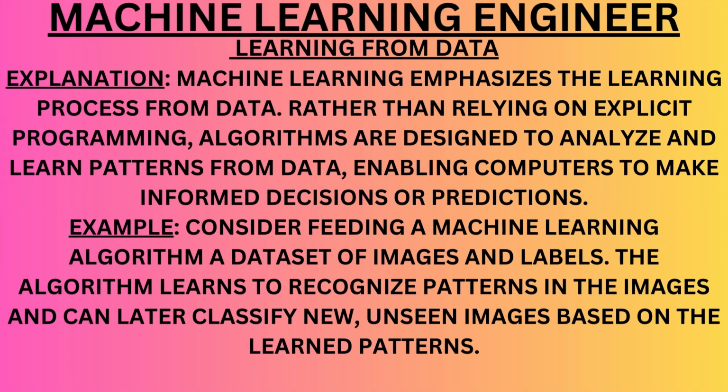Learning from data. Explanation: machine learning emphasizes the learning process from data. Rather than relying on explicit programming, algorithms are designed to analyze and learn patterns from data, enabling computers to make informed decisions or predictions.